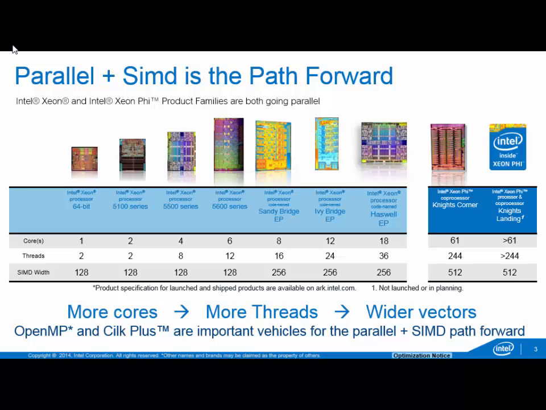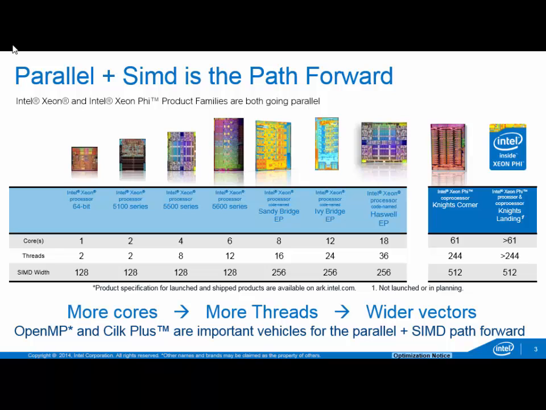Under Moore's law guidance, power and performance and power efficiency become one of the most important factors driving the architecture and the programming model design. If you look at the history of Intel's architecture, we started with one core, two threads, and a SIMD width of 128.